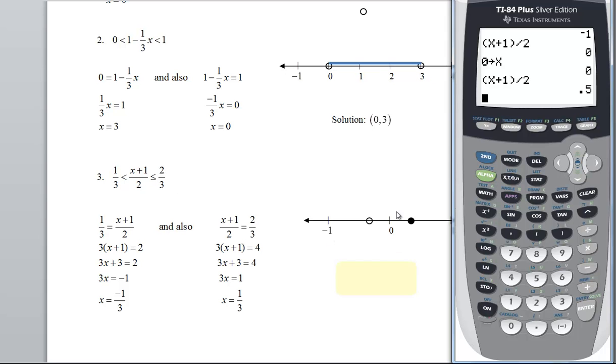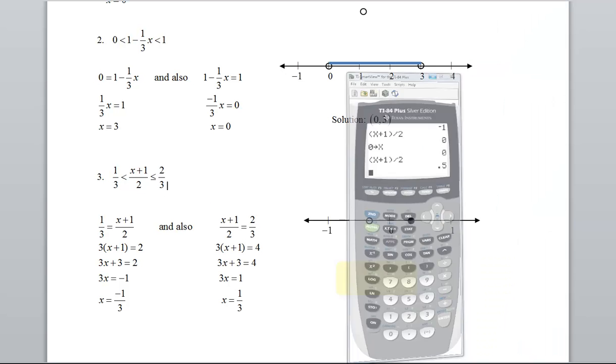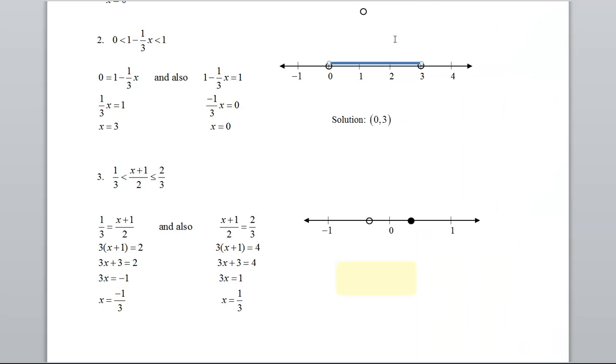So that does give me a true statement, so I'm going to shade there in the middle. I wonder if I can shorten that. I can. Now let me move it down so I can show that I'm shading this part. Okay, so I shaded the middle.